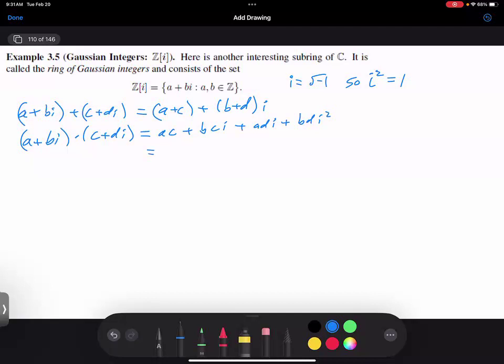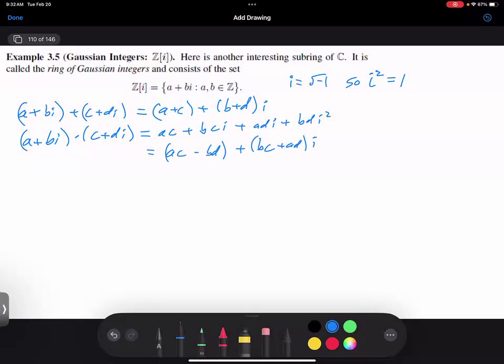So what does i squared equal? -1. So this is ac minus bd plus (bc plus ad)i. And so this gives us a good way to define addition and multiplication.